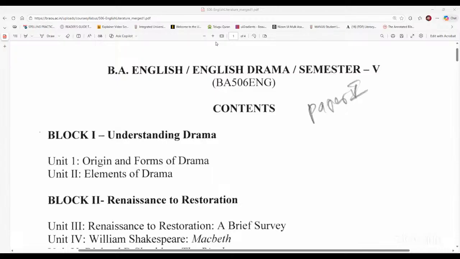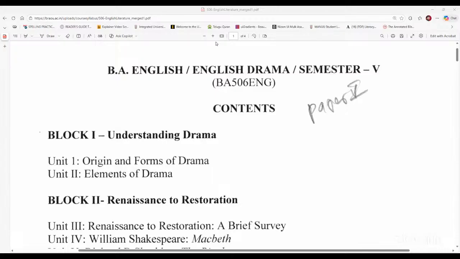So it is safe and clear to state that the theoretical foundation of drama was laid by Aristotle in his work Poetics, which means though people were watching dramas, they did not know it in the form of drama that we know in modern times.